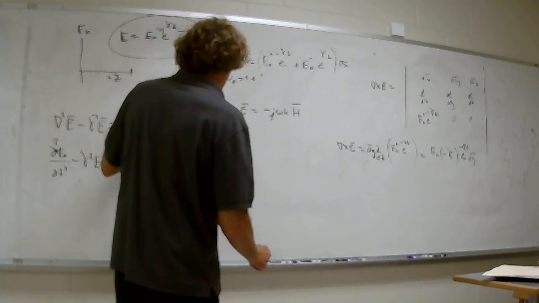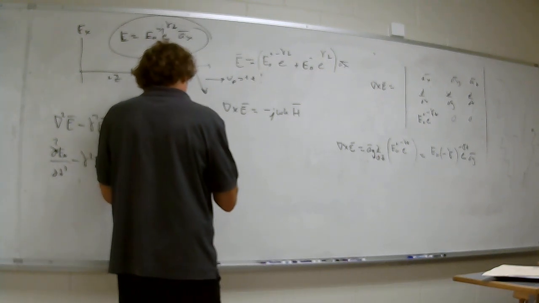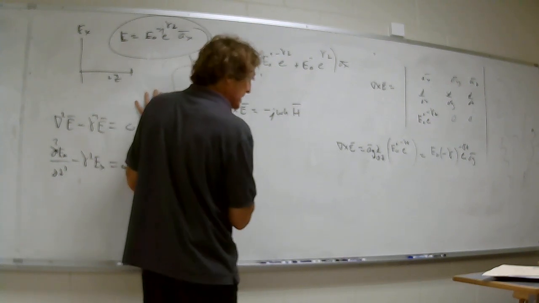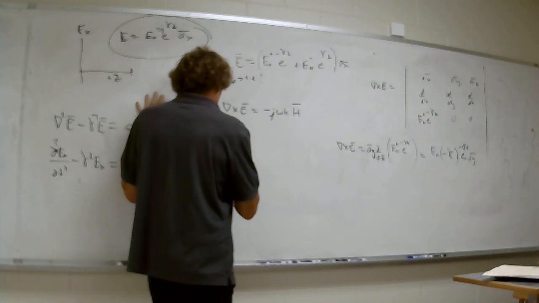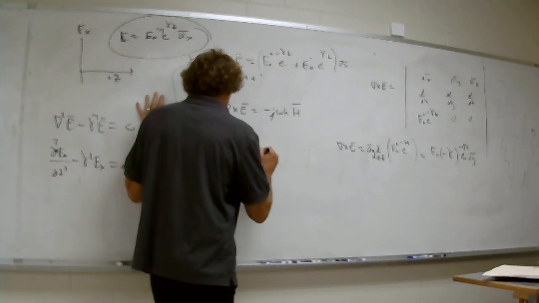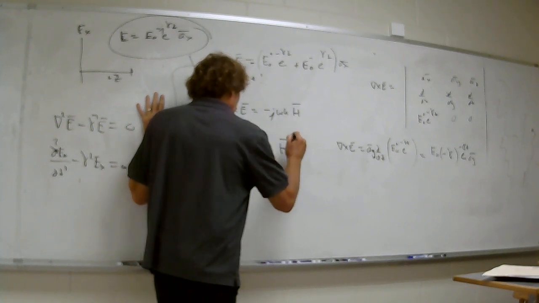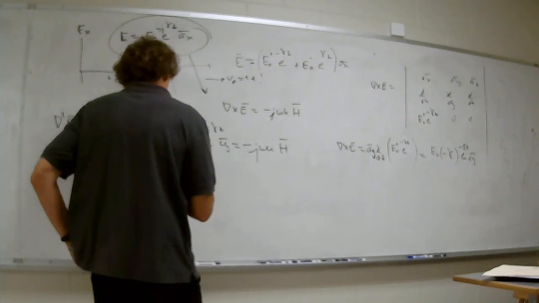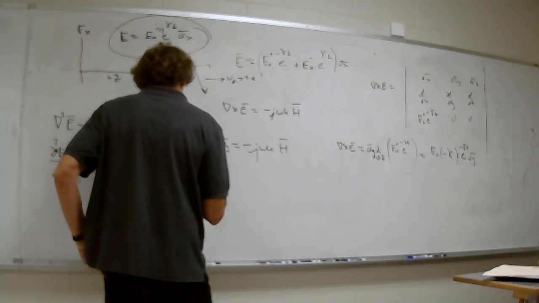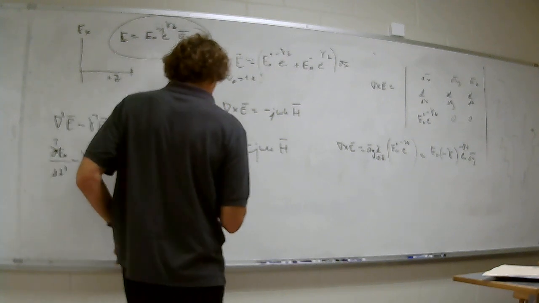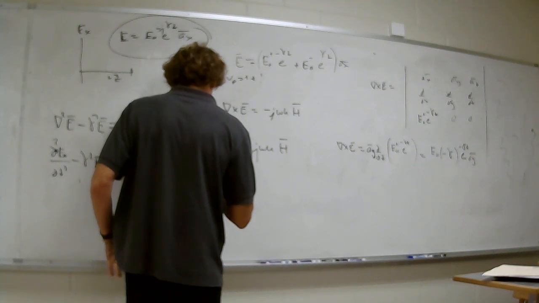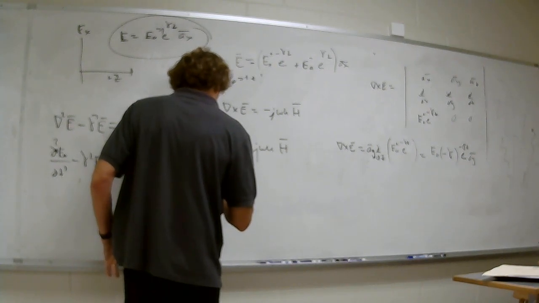So I'll put that in here, and I get minus gamma E naught times e to the minus gamma z in the a_y direction, is equal to minus j omega mu H. And one thing you can see from this is that, for the positive going portion, H will be given as E naught gamma over j omega mu.